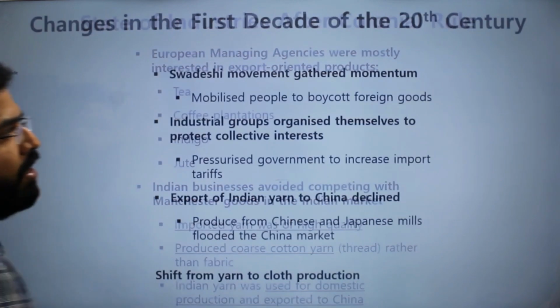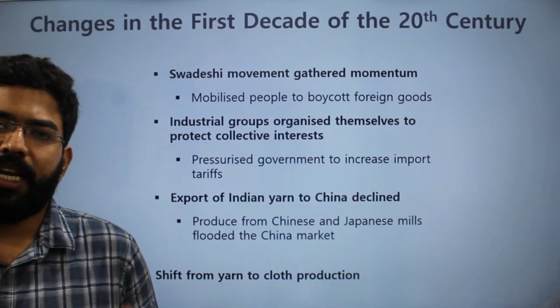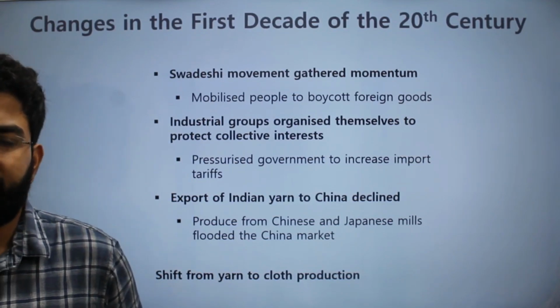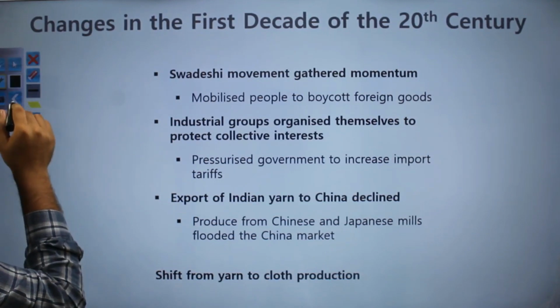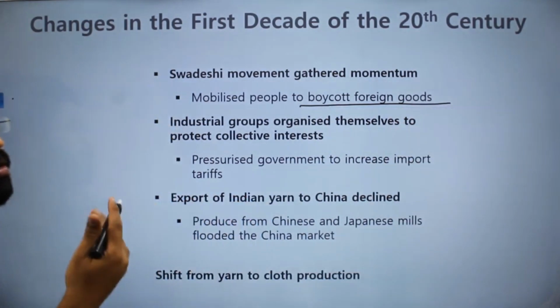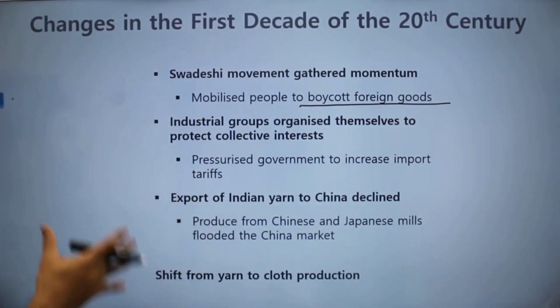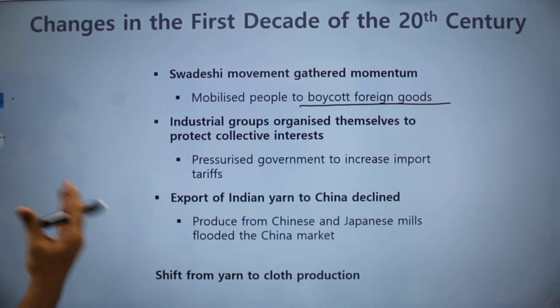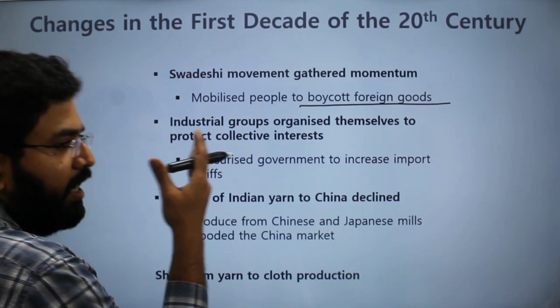Now, this situation somewhat changed in the early 20th century when the Swadeshi movement happened. Under the Swadeshi movement, people started boycotting foreign goods, and hence people started going for Indian made goods. So coarse yarn was more preferred by Indian citizens.